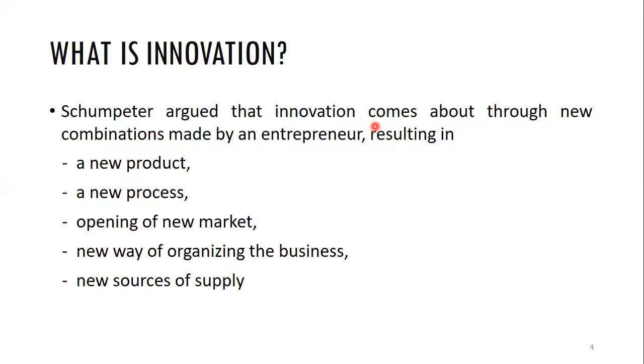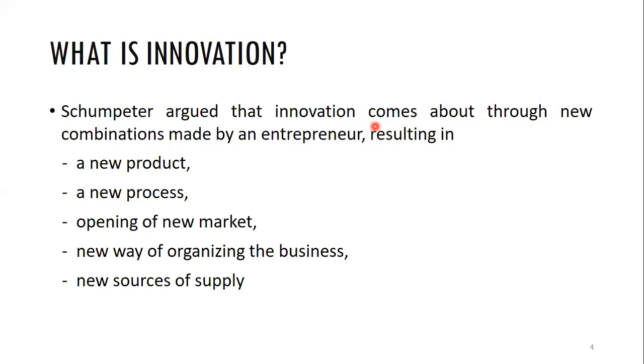So Schumpeter also argued that innovation comes about through new combinations made by an entrepreneur, resulting in a new product, new process, opening of a new market, new way of organizing the business, and new sources of supply.